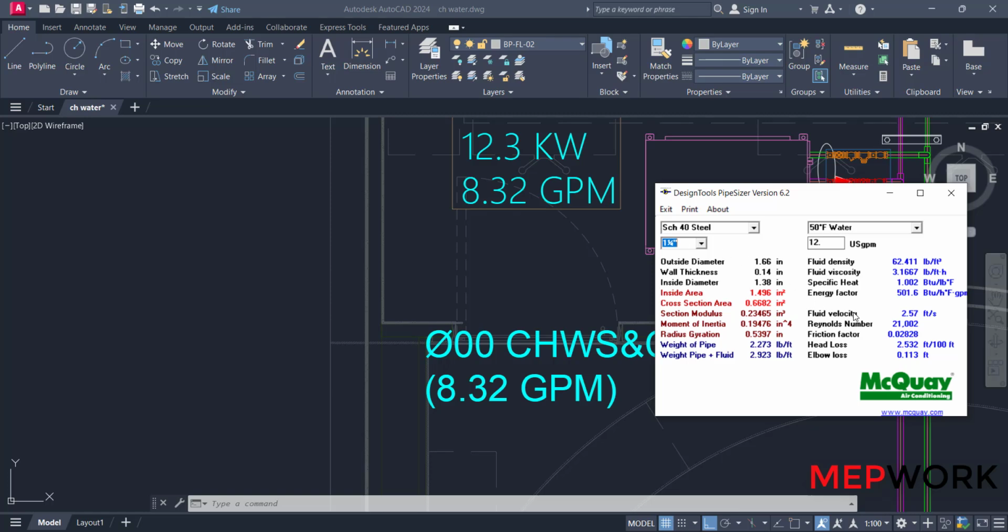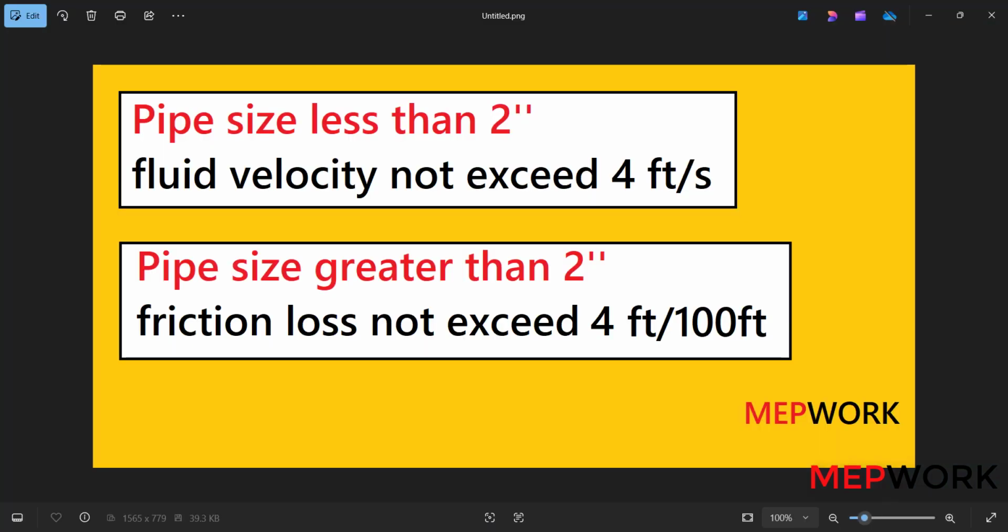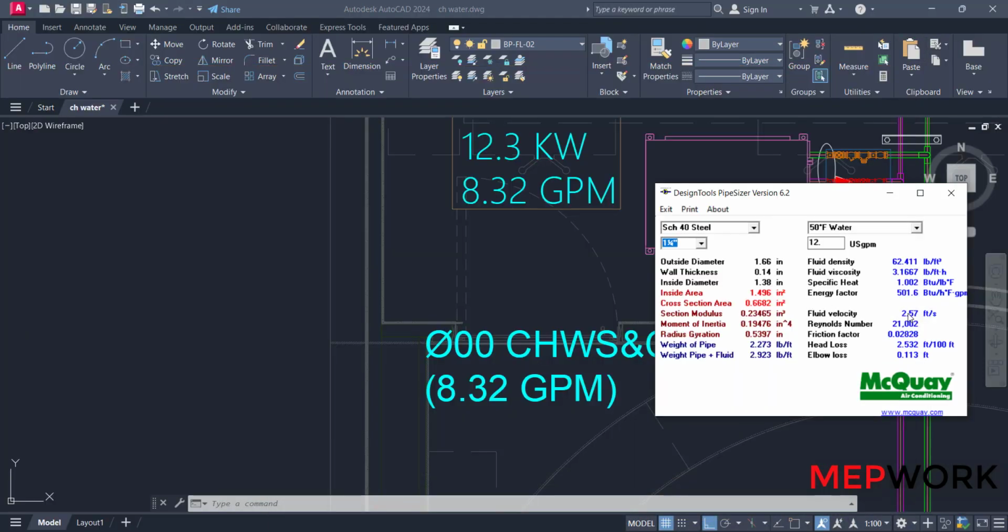But look at the velocity and the head loss. This size is less than 2 inches, so we will take the velocity parameter into consideration. The velocity is less than 4 feet per second, so this also is accepted.